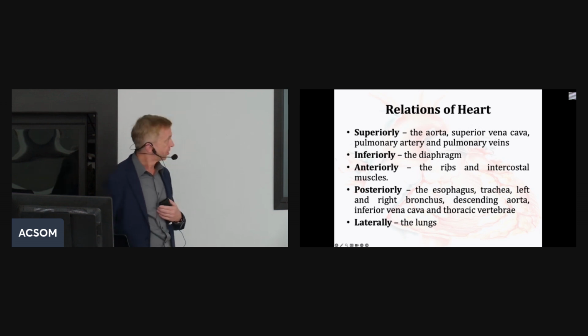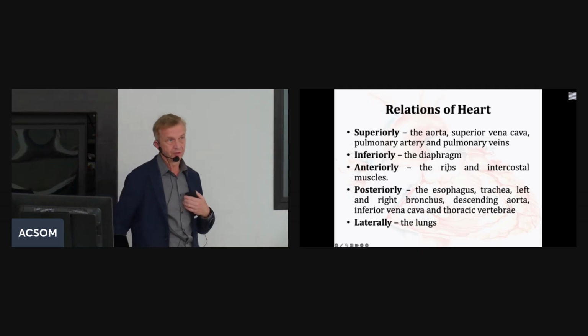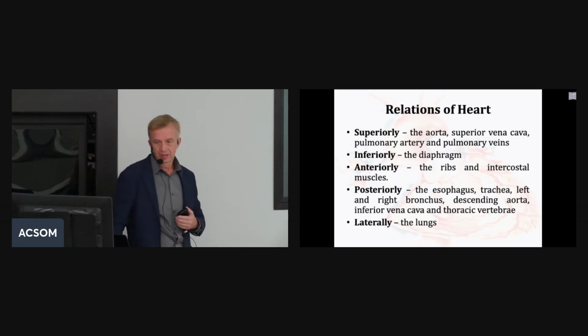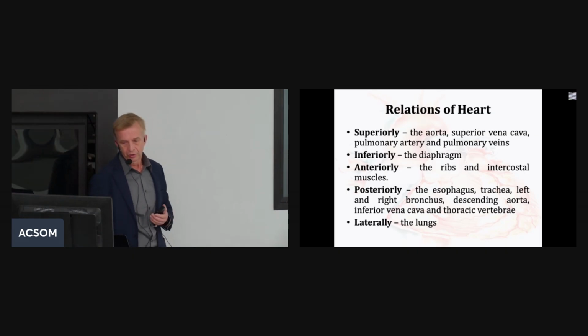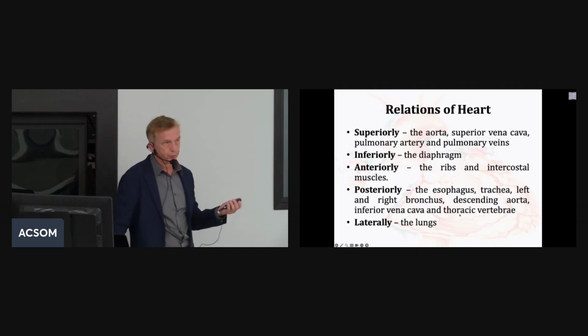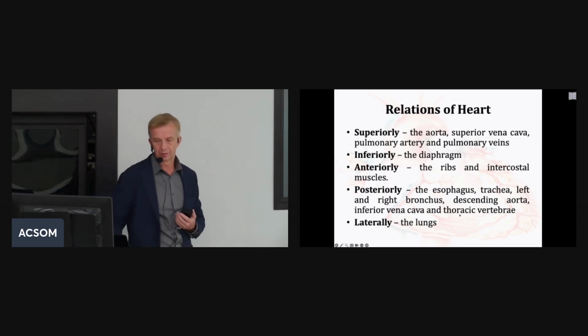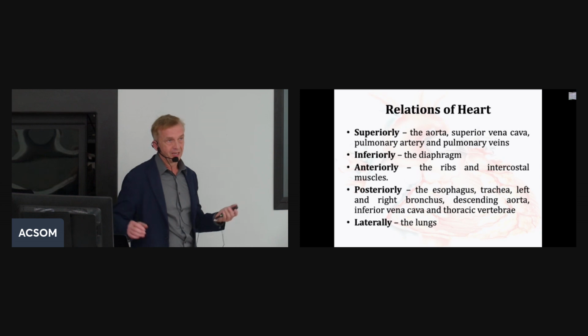Up front there are ribs with the intercostal space and the sternum area. In the back, behind the heart, are the esophagus, trachea, bronchi, and descending aorta. Inferior vena cava is the big vein that carries blood from the lower extremities and from the abdominal cavity, and the vertebra. And on the sides of the heart are the lungs.